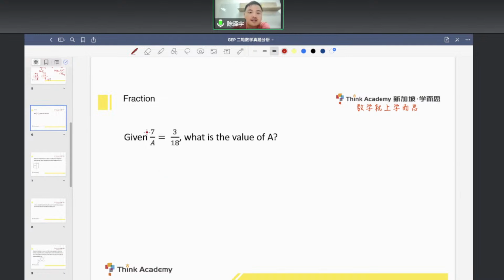So we just look at the number on top, which is the numerator. 7 and 3 we cannot compare. So I need to change the fractions into fractions with equal values and the same numerators. Now I look at my number 7 and number 3. What can be the common multiple of 7 and 3?